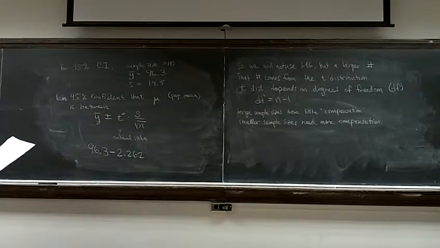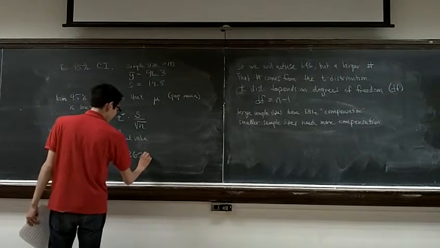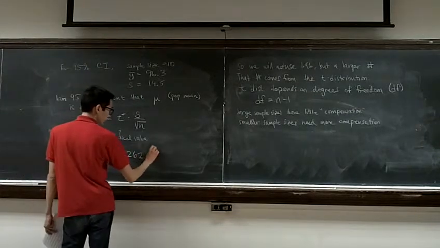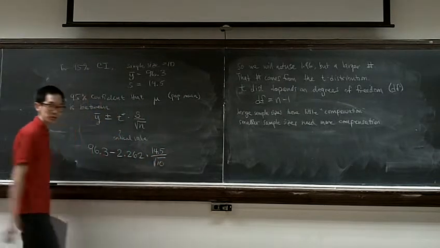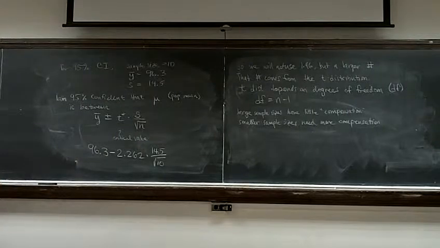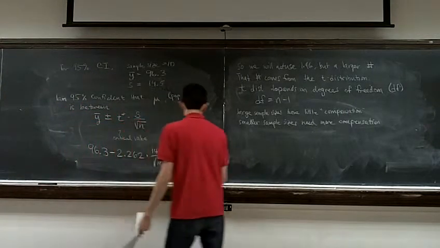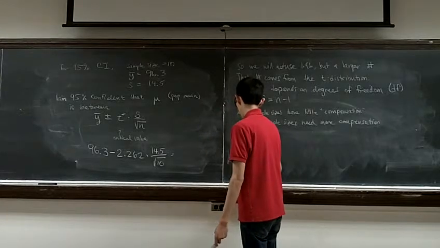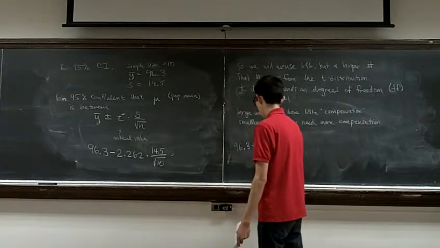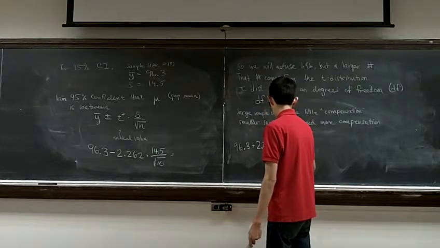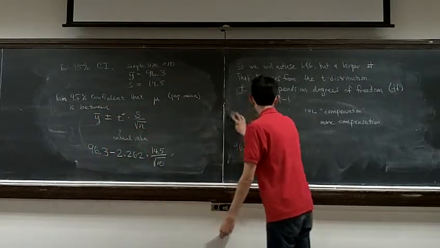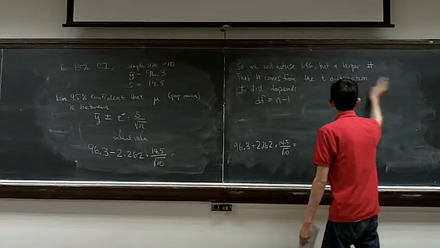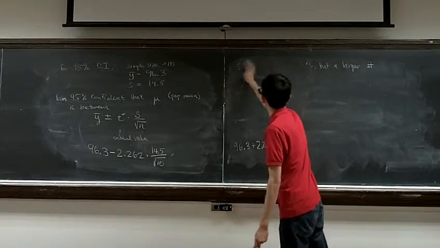Times s, which is 14.5, divided by the square root of 10. Okay, and so that's going to give me a number on the low end, and then I do the same thing: 96.3 plus 2.262 times 14.5 over the square root of 10. And I get 2 numbers, which form the boundaries of where I am confident that mu lies.